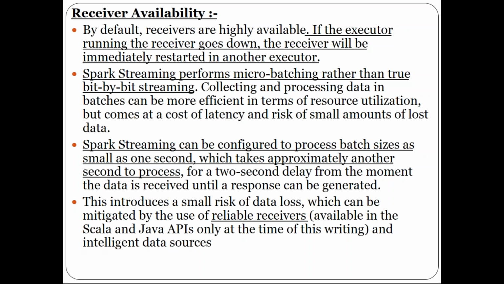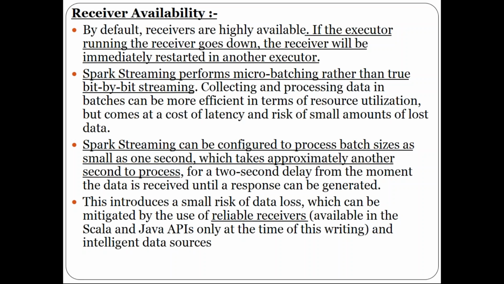Okay. Once again, this slide, a quick recap. Receivers: you have an executor that will take your request to your Spark. For any reason, if the executor running a receiver goes down, that can be carried forward and taken over by another executor. Fairly simple. Spark streaming works on micro batches rather than bit by bit streaming.